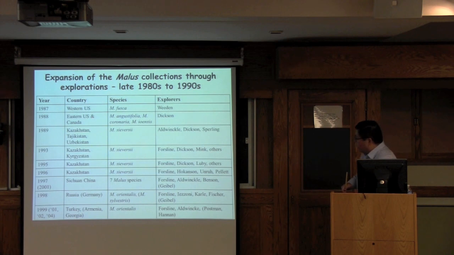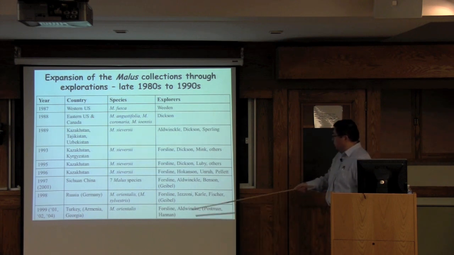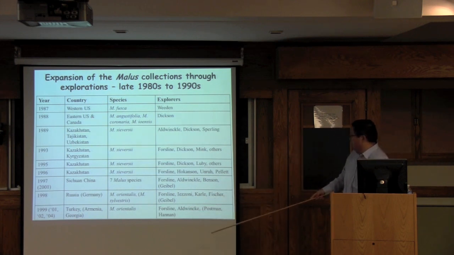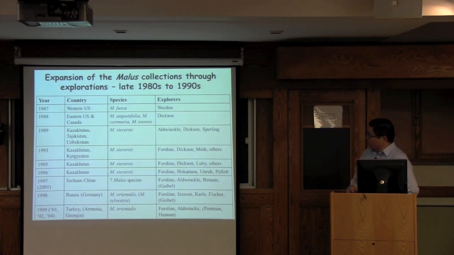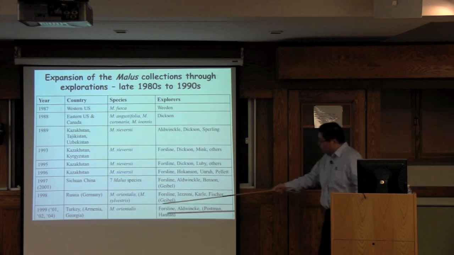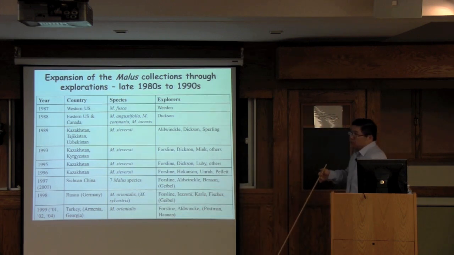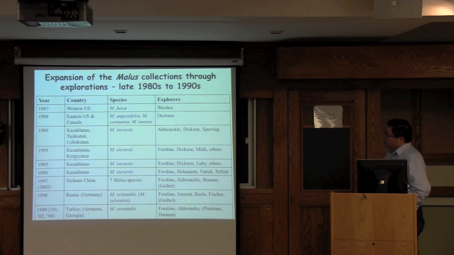In 1998, Phil Forsline, together with Professor Amy Iezzoni from Michigan State University, went to Russia to collect a lot of material, including Malus orientalis, also some other materials such as Prunus and some other cherry material.